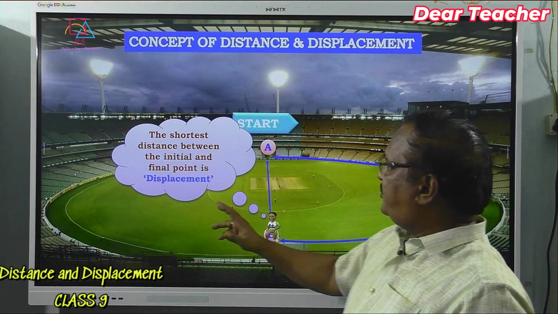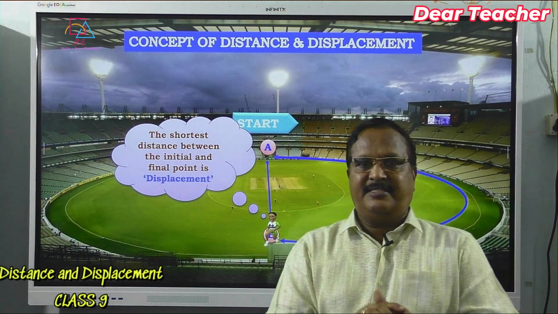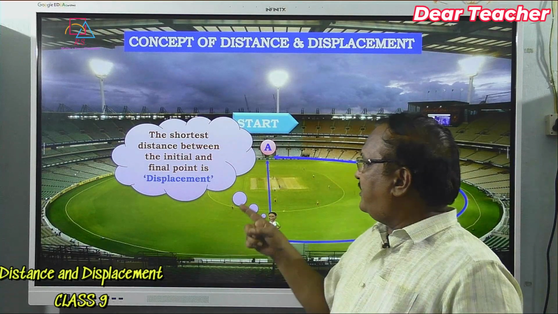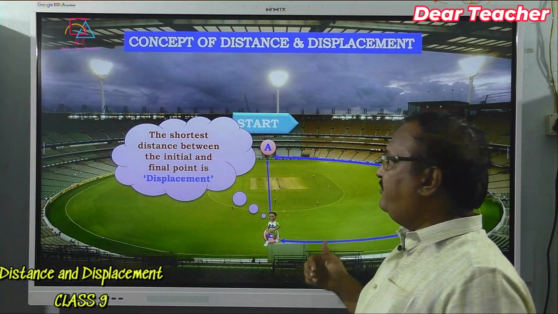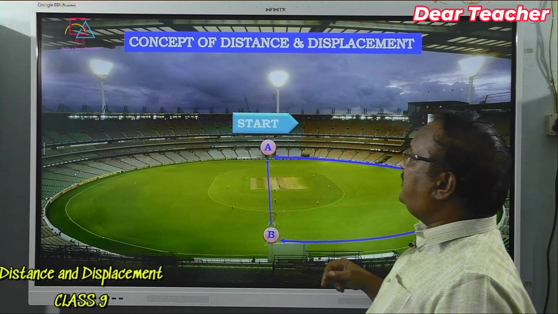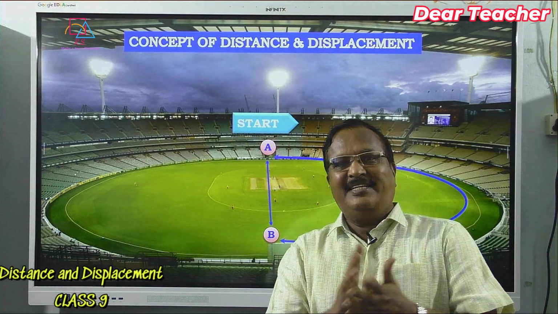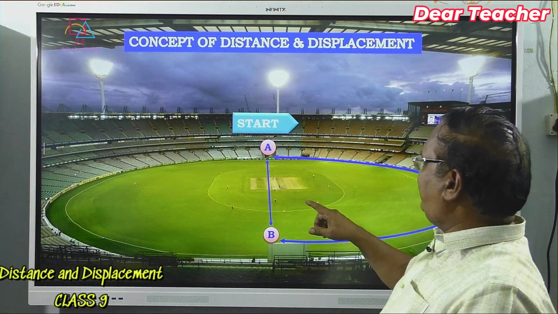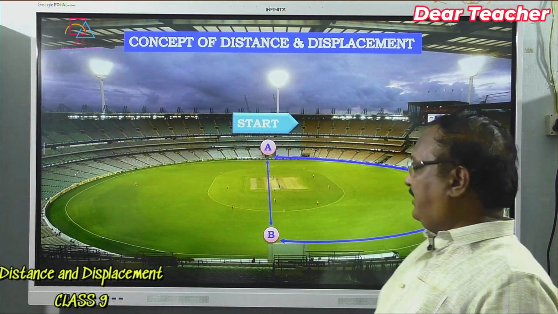So the shortest distance between the initial and final point is known as displacement. One is 160 meters, the other is 250 meters. That is the difference between distance and displacement. Displacement is nothing but the direct, shortest distance.